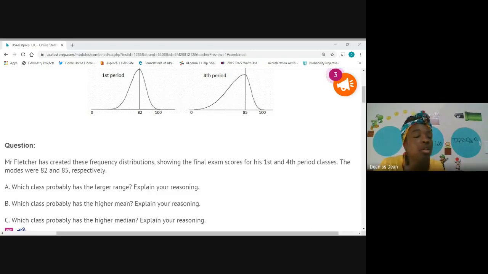All right, so remember, don't look at the highest number, the highest range. So remember, the scores are going from first period, all right? So I see one person said first and some people said fourth. So this is like 0, right? This is like 80 something.